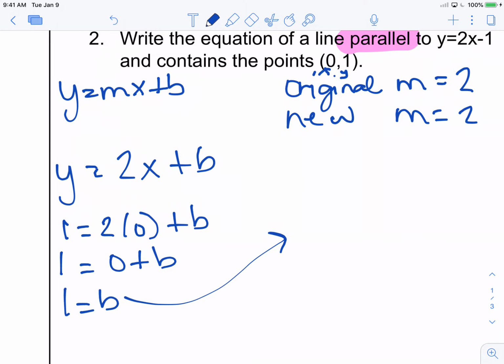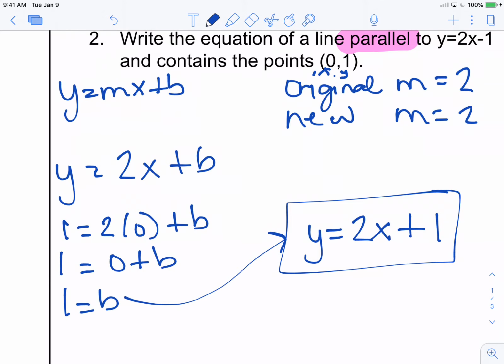Then I can go back, y equals 2x minus 1. Now, if you notice, my x value is 0, so this number here is actually my y-intercept, only because my x is 0. But if my x was not 0, then I would just do this process to find the actual y-intercept, so I can put it in slope-intercept form. So that is how you write an equation of a line parallel to another line.